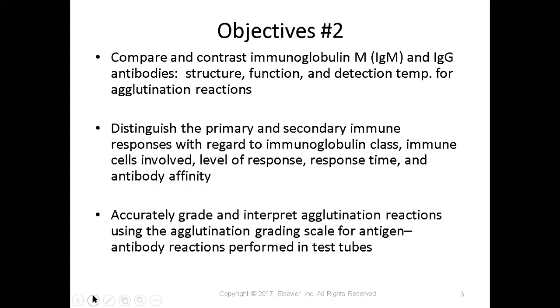Distinguish the primary and secondary immune responses with regard to immunoglobulin class, the immune cells that are involved, level of response, response time, and antibody affinity. And accurately grade and interpret agglutination reactions using an agglutination grading scale for antigen-antibody reactions performed using a tube method.